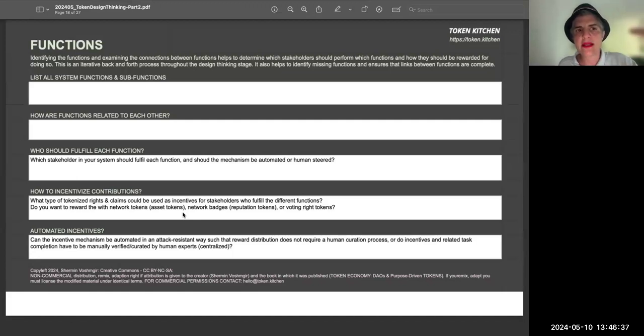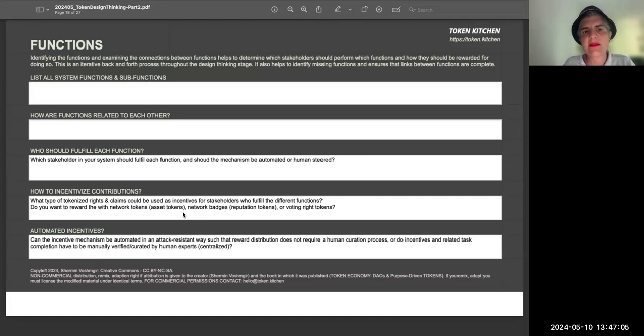So what is important to understand or list here is all the functions that need to be fulfilled by the token system you're creating, because this is the basis of then identifying who will fulfill this function and how to incentivize them. You will have functions and sub-functions. Understanding how they relate to each other is also important.